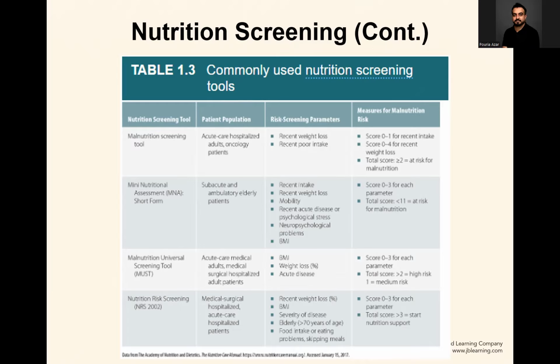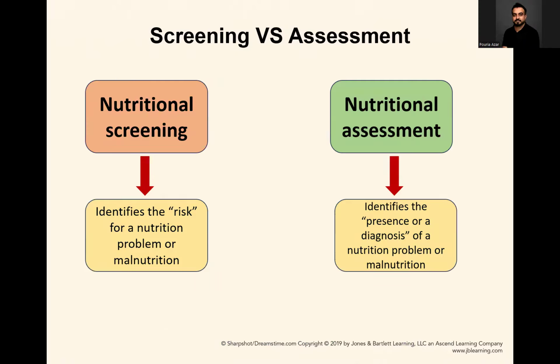They assign different scores for each question, and then they sum the scores. Based on the total score, we can identify malnutrition, or we can identify patients who are at risk for malnutrition.